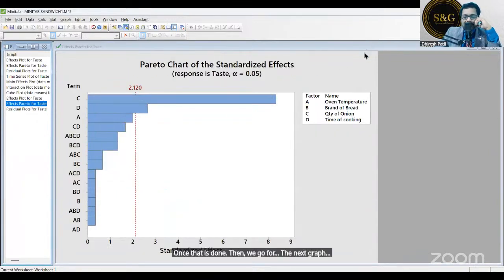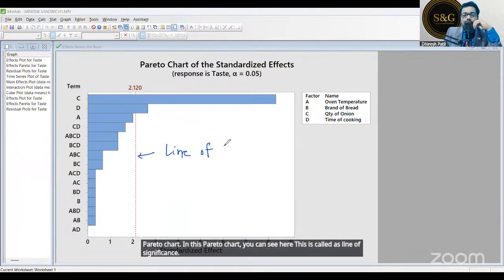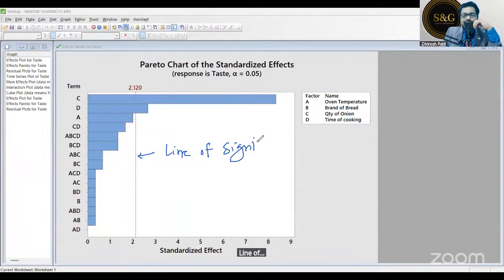Pareto chart. In this Pareto chart, you can see here, this is called as line of significance. Any factor which is going beyond the line of significance is called a critical factor or the important factor.